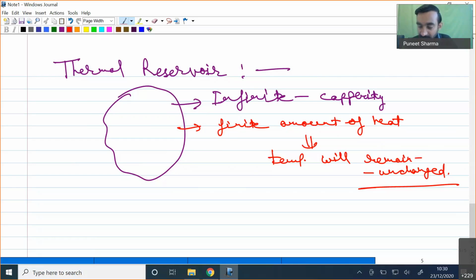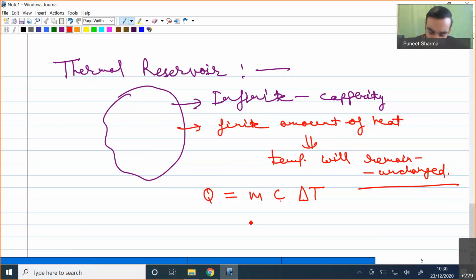Now, what I am basically saying is, we know that heat transfer is equal to mc ΔT, where ΔT represents the temperature difference, c is the specific heat, and m is mass.